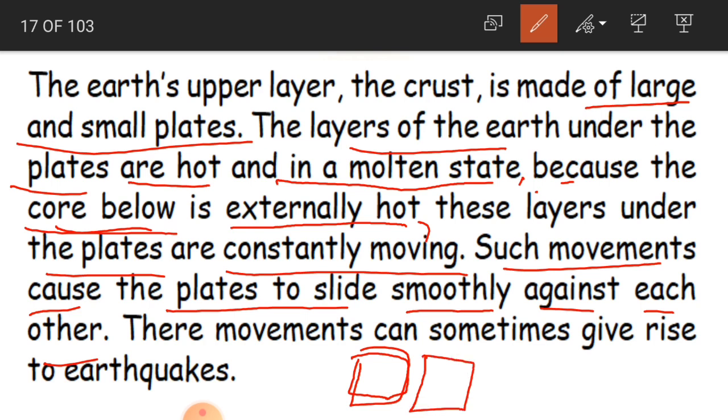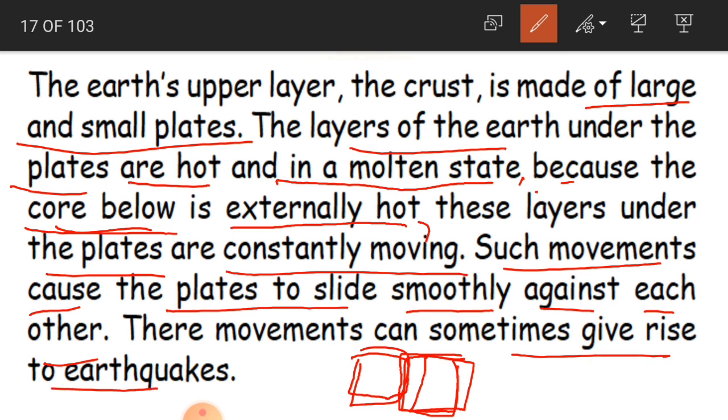When they are moving slowly, there is no disturbance and no damage. But sometimes when these two plates slide against each other, or roughly I can say rub against each other, this movement gives rise to earthquakes.